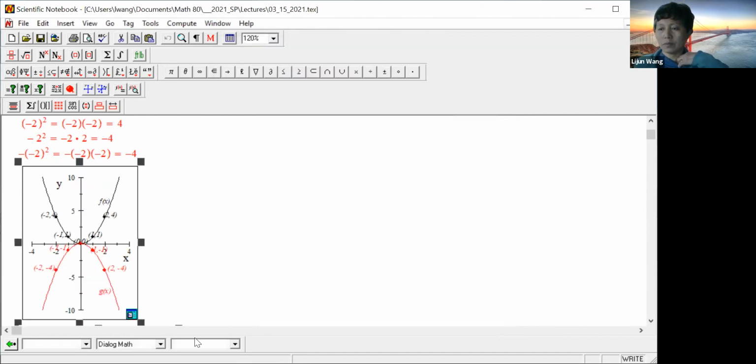So this is x squared, and this is a negative x squared.